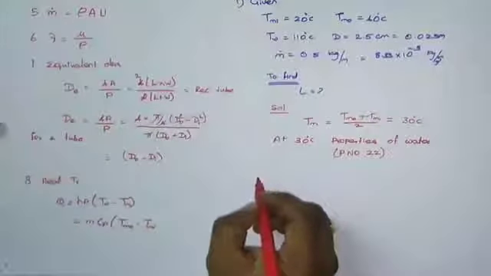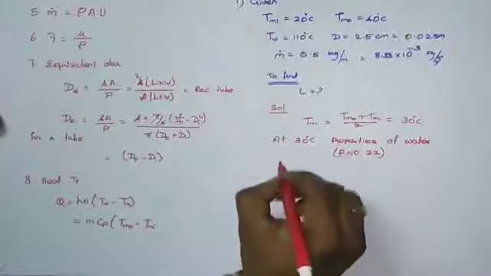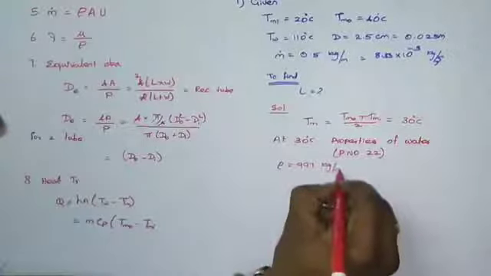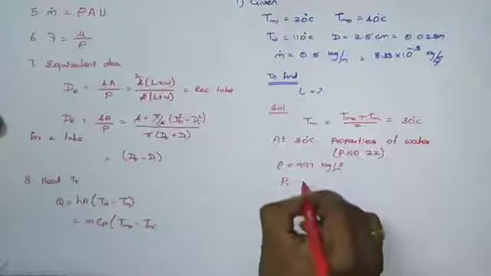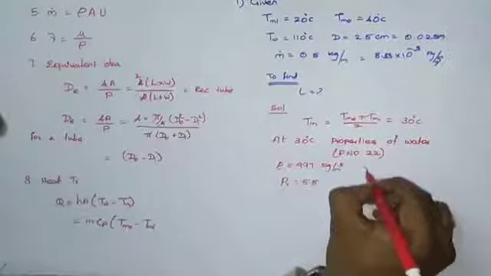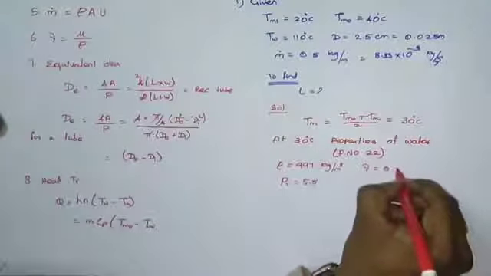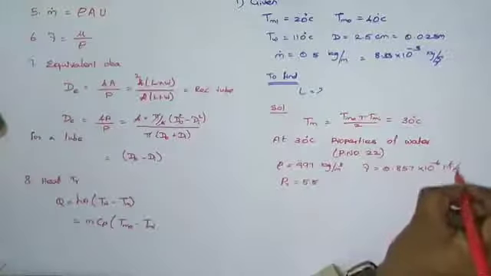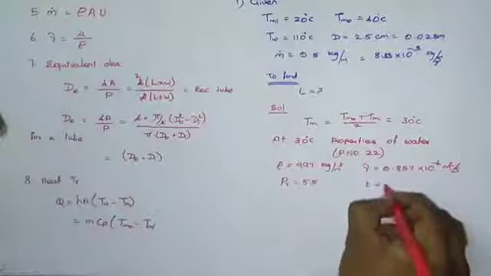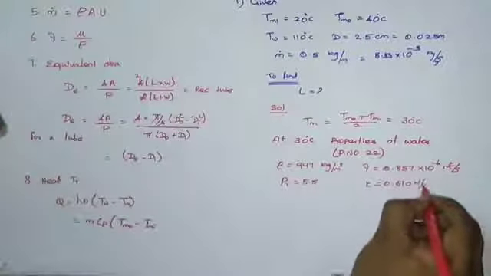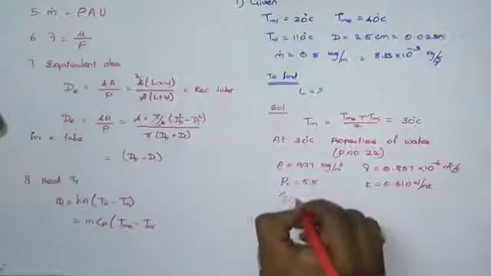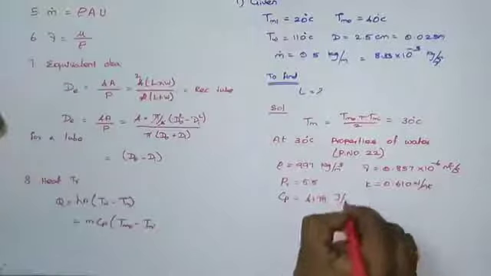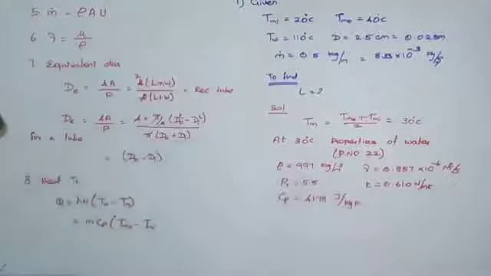Rho equal to 997 kilogram per meter cube. Prandtl number Pr equal to 5.5. Kinematic viscosity nu equal to 0.857 into 10 to the power minus 6 meter squared per second. Conductivity K equal to 0.610 watt per meter Kelvin. Specific heat Cp equal to 4178 joule per kilogram Kelvin. This is the first step.